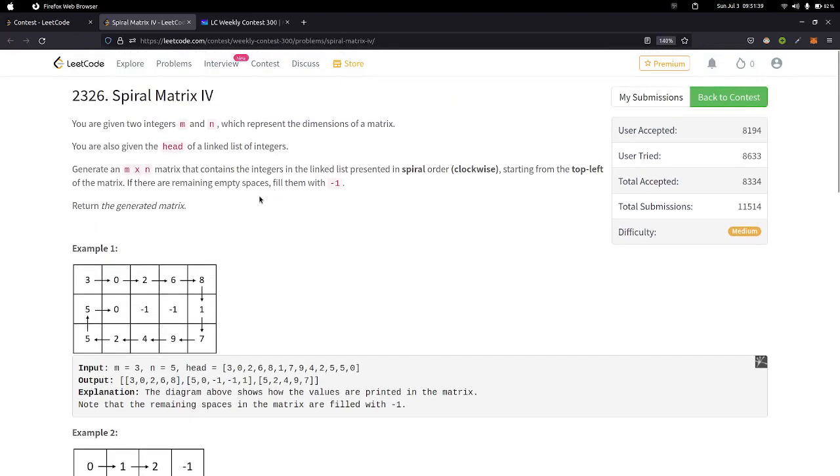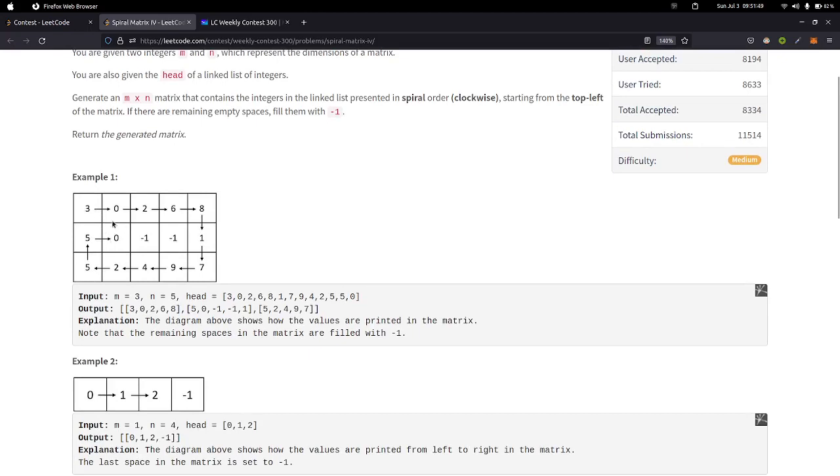The way in which we do it is, first we create a 2D matrix of n cross m, and then we initialize all the values as -1, so that those empty spaces get initialized beforehand, before filling the remaining areas.